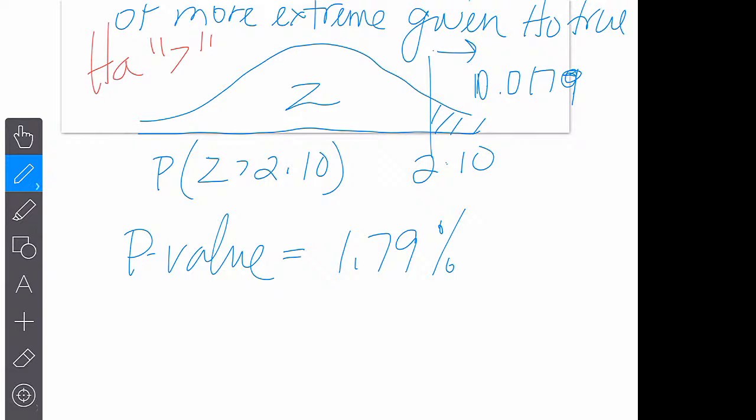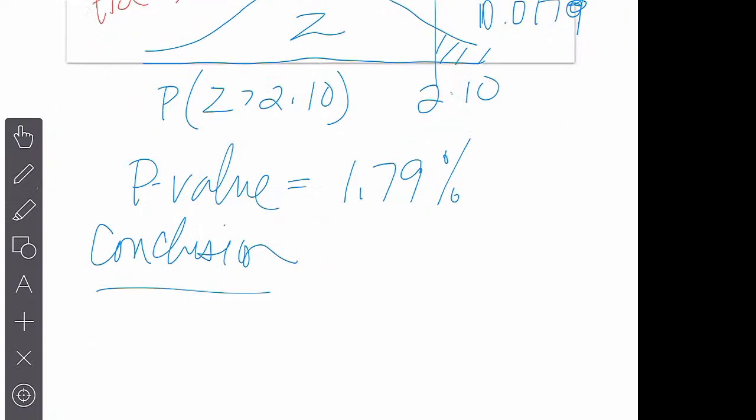So how do we conclude? Concluding step, using the statement I gave you.